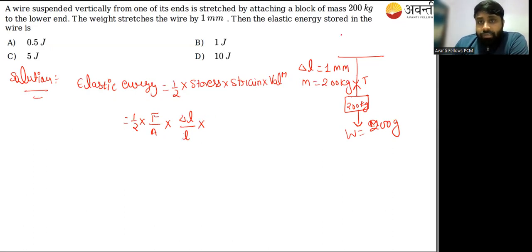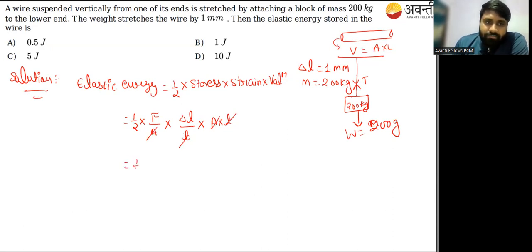And because this wire is cylindrical, the volume of this wire will be area into length, so it will be written as A into small l. Now small l and capital A will cancel out. The only thing you are left with is 1 by 2 F into delta L.